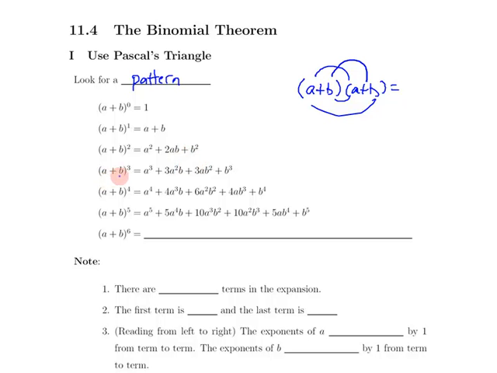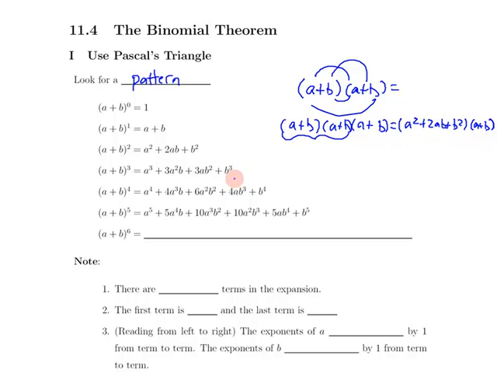Now, if I wanted to do a plus b cubed, that would be a plus b times a plus b times a plus b, all three of those. Because I know the first two are already a squared plus 2ab plus b squared, I would then take that times a plus b again, distribute all the terms, collect like terms, simplify, and I'd get this.